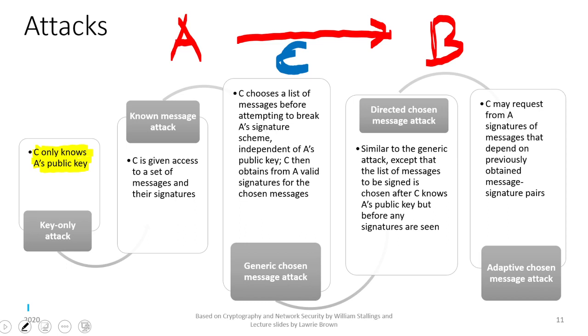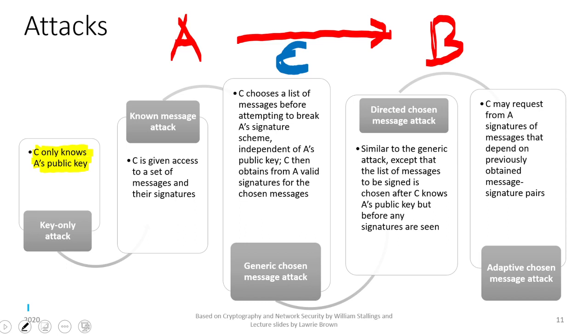Then the last type of attack is what is known as the adaptive chosen message attack. Here, C is allowed to use A as what we call an oracle. This means C may request from A signatures of messages that depend on previously obtained message signature pairs.